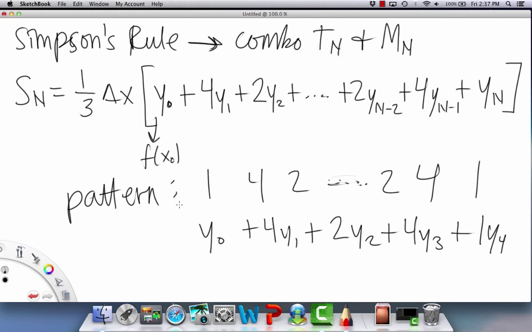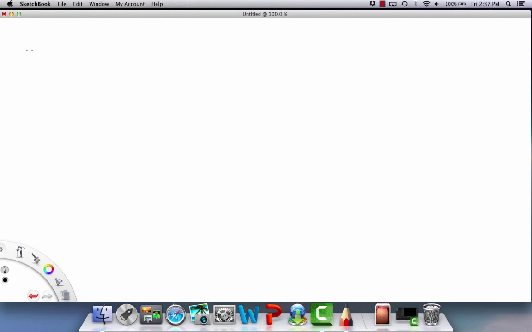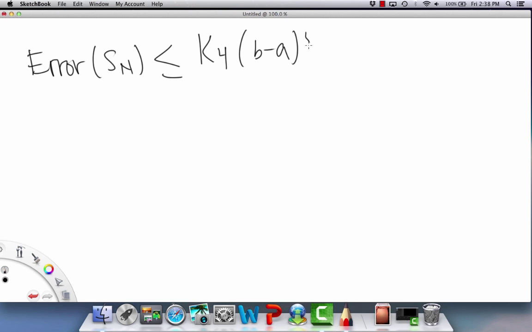Okay, and then the error formula for Simpson's Rule, or for Simpson's approximation, I guess you'd call it. So the error for Sn is going to be the following: K4 times (b minus a) to the 5th, all over 180 n to the 4th.